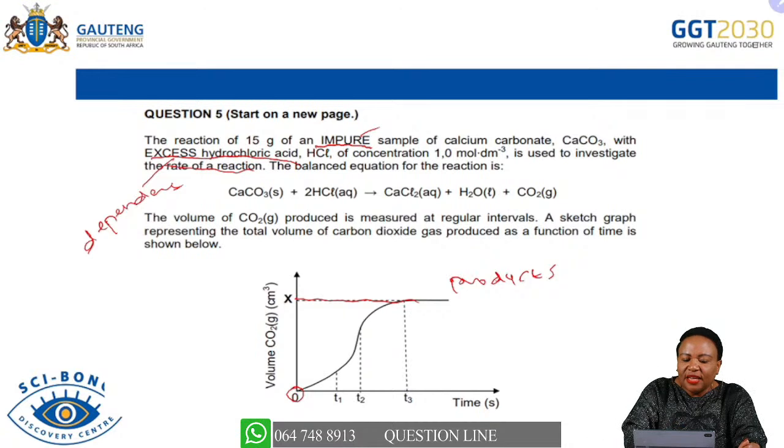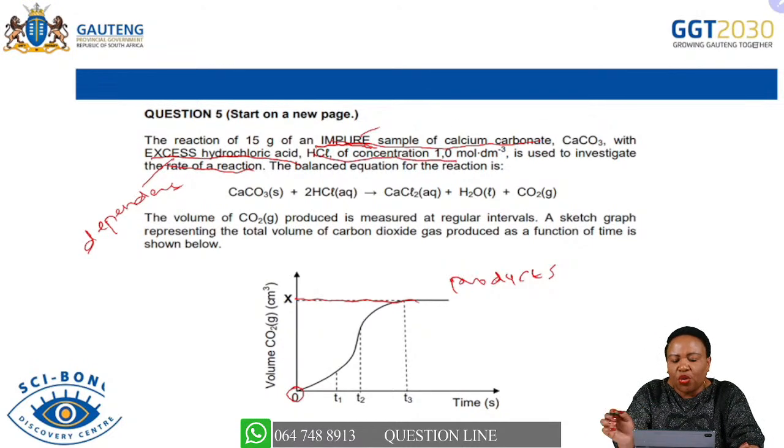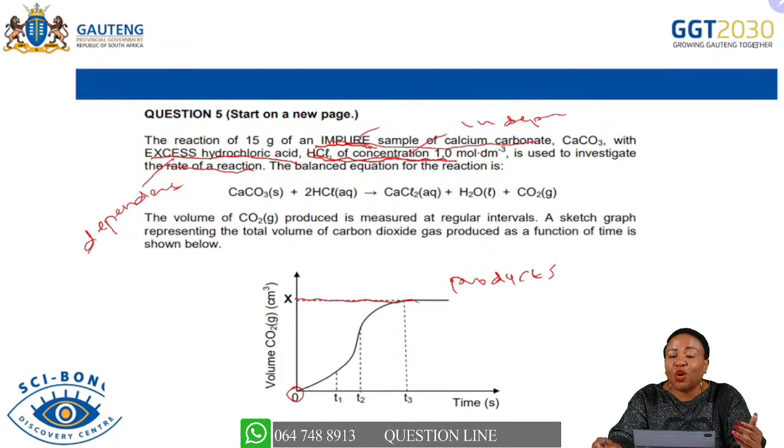And then the sample of impure calcium carbonate and the concentration of your hydrochloric acid will be your independent variables. So the concentration of hydrochloric acid here is going to be your independent variable, because we know that concentration is one of the factors that affects the rate of reaction.